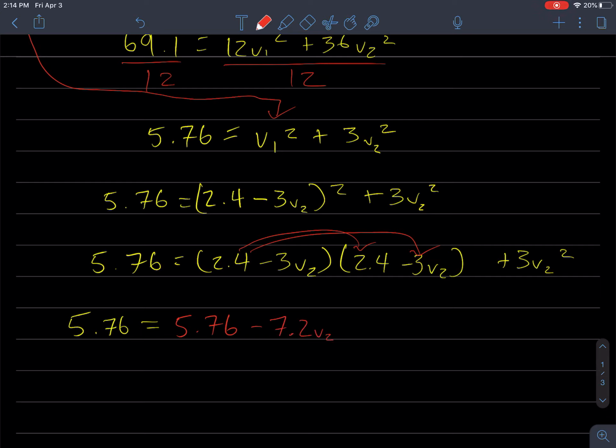All right, and then we get negative 3 v2, kind of same thing. Multiply negative 3, we get plus 9 v2 squared. All right, and this plus 3v2 squared.